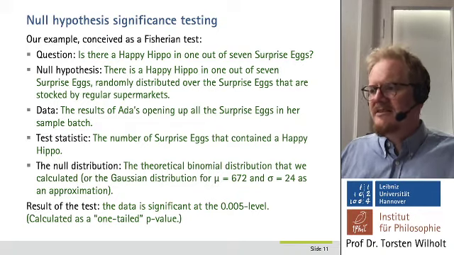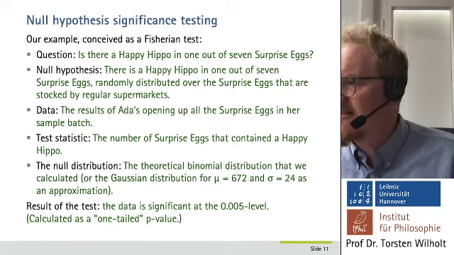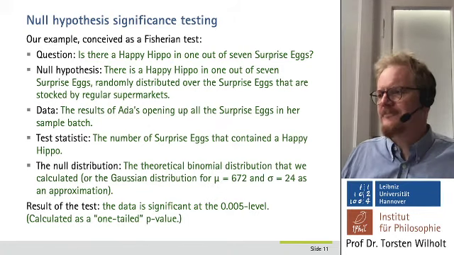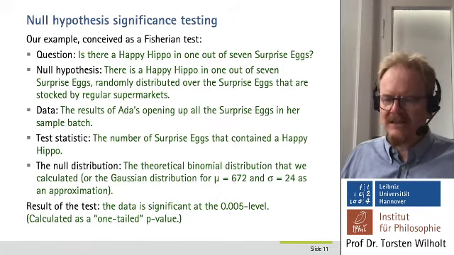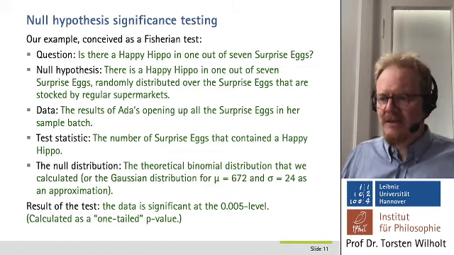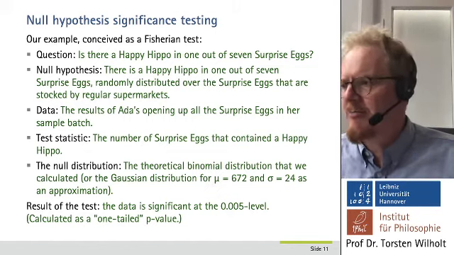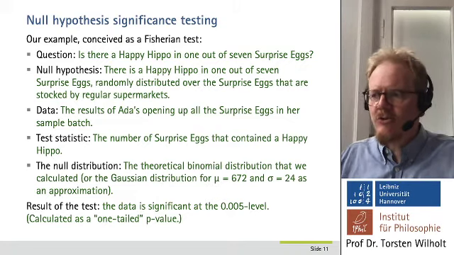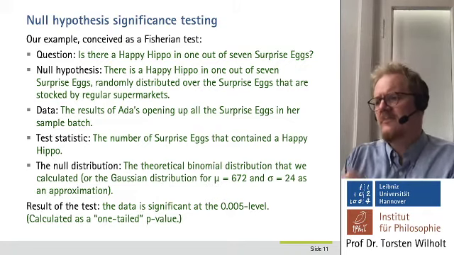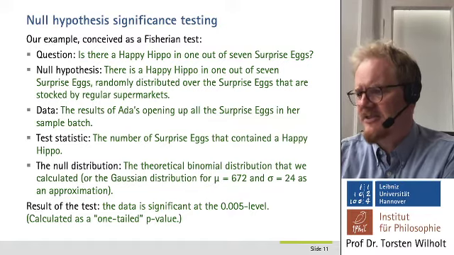So this is also a nice illustration of the fact that the choice between one-tailed p-value and two-tailed p-value is usually driven by our practical interest in the problem, and can only be justified in terms of our practical interest in the problem.